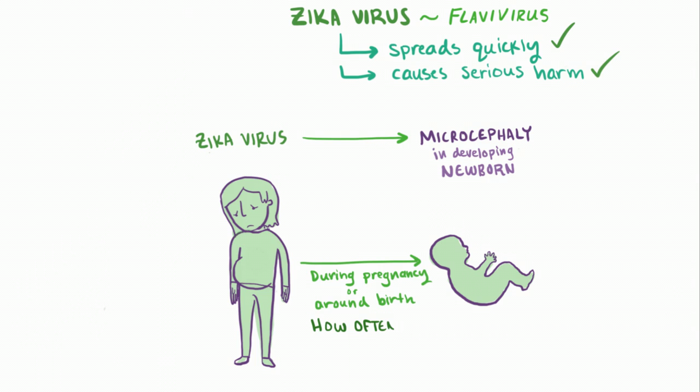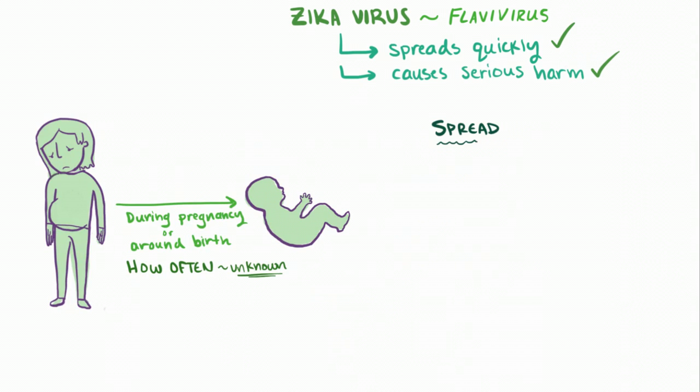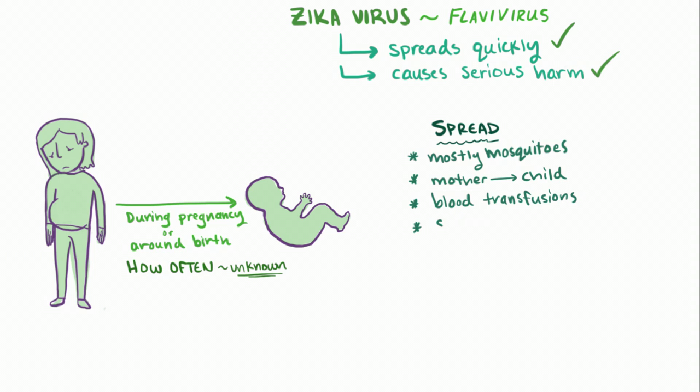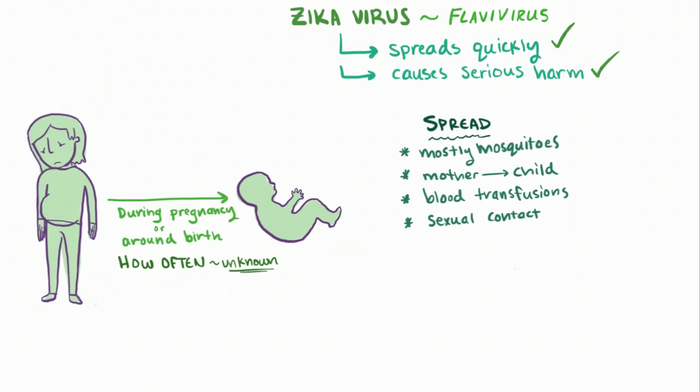Although it's not really known yet how often this happens or how exactly the Zika virus is linked to microcephaly. In addition to being spread mostly by mosquito bites, and in some cases from mother to child, Zika virus has also been reported to spread through both blood transfusions and sexual contact.